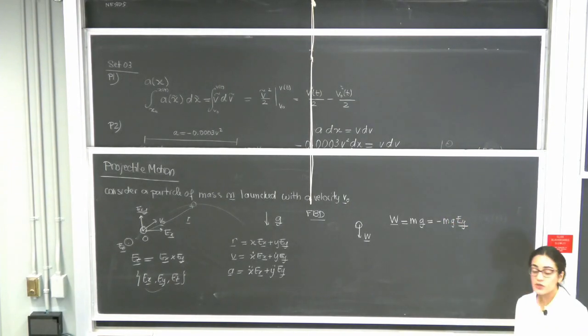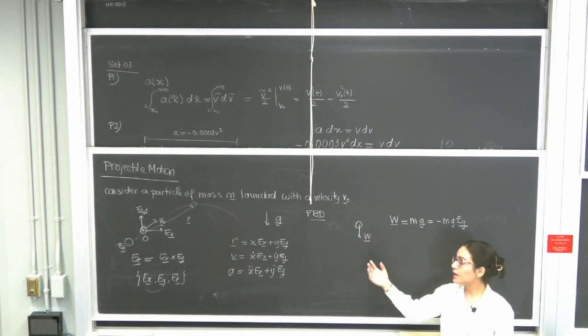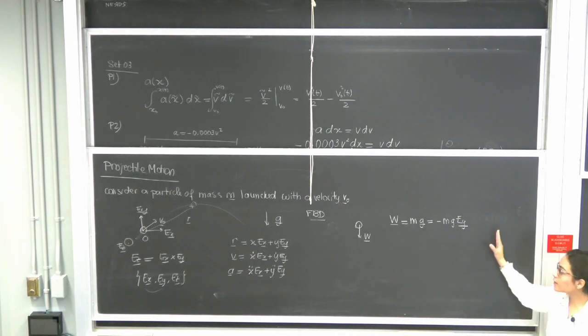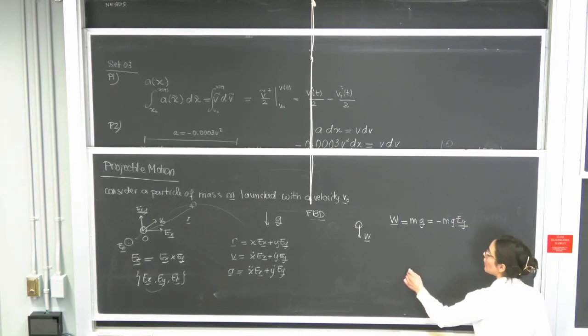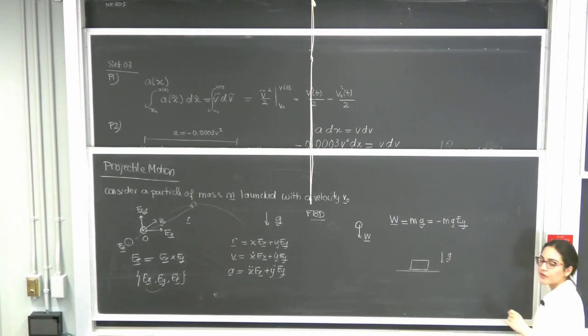So this is what we're going to do for free body diagrams from now on. We take our system, draw it isolated on its own, and then draw the forces acting on it. And on the side, if we know the expression of the force, we will write it. For example, if I have a box sitting on a surface and gravity is acting downward, how do I draw the free body diagram of the box?